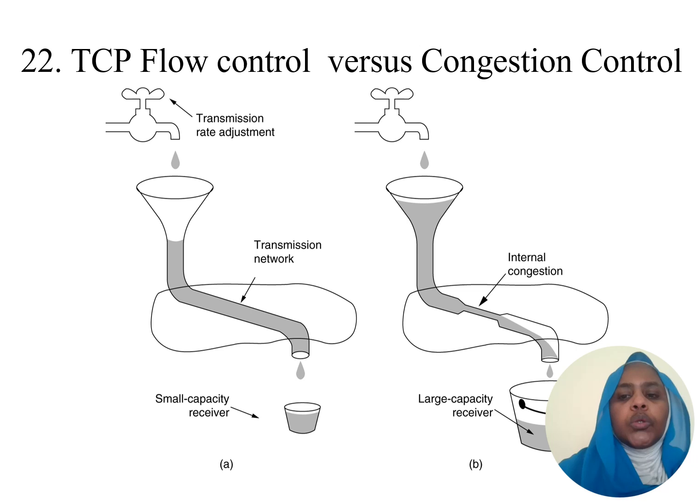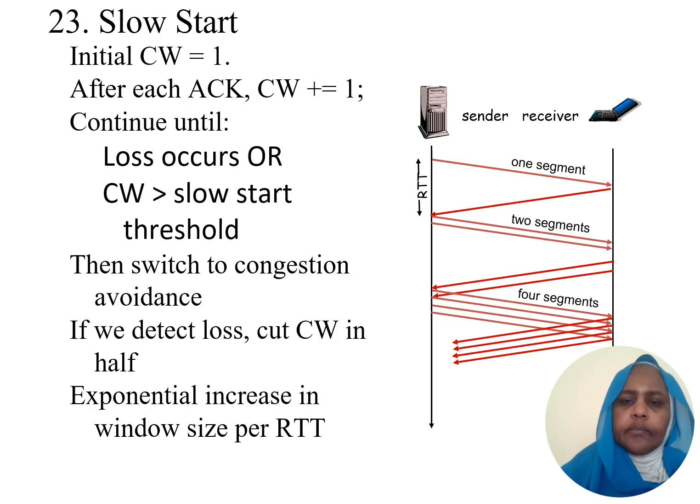But congestion control happens when the receiver has large capacity, but the network does not have large capacity and the traffic is choked in the network.